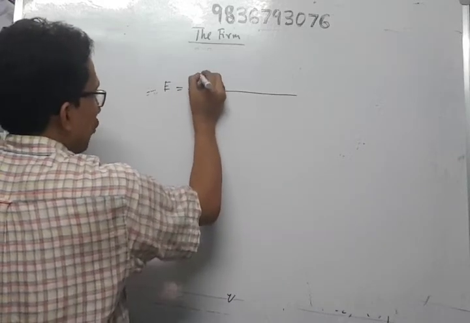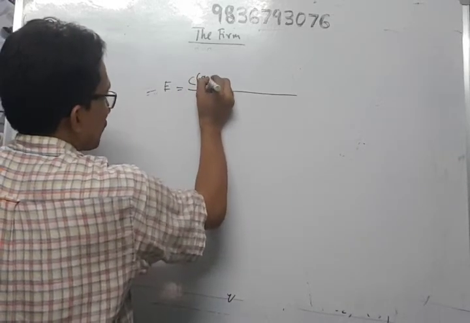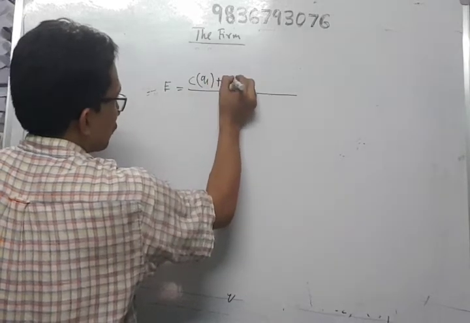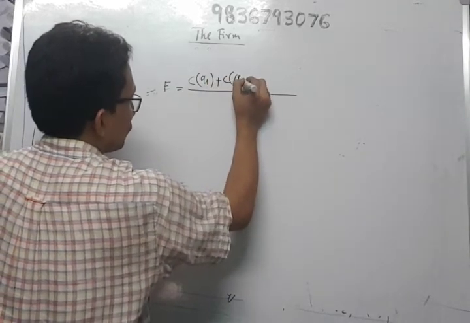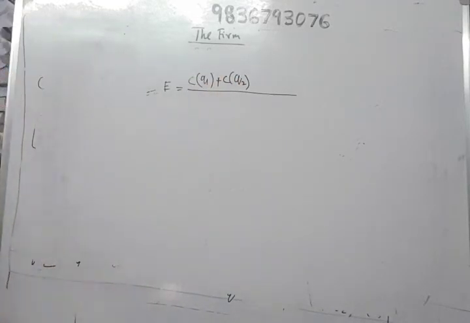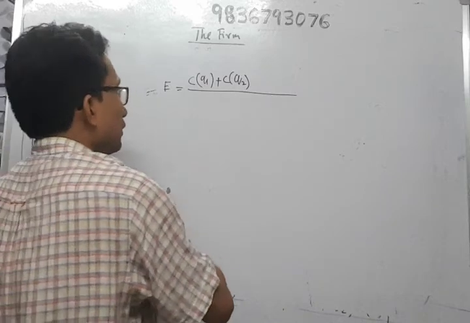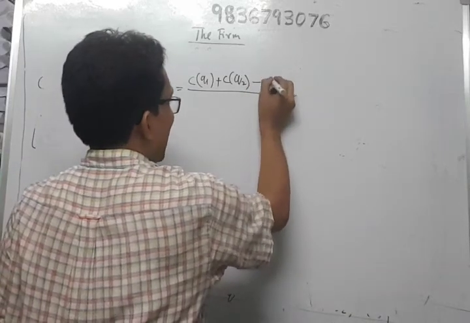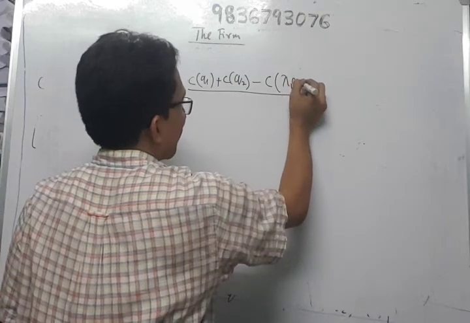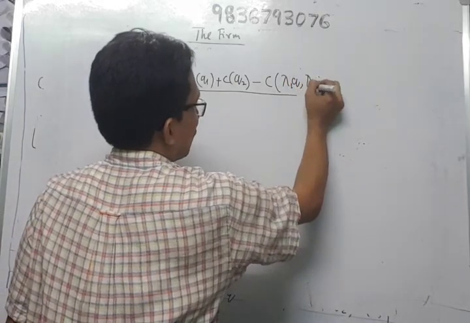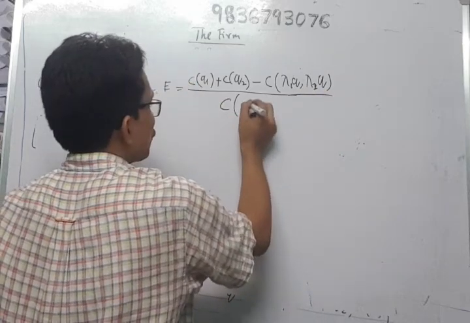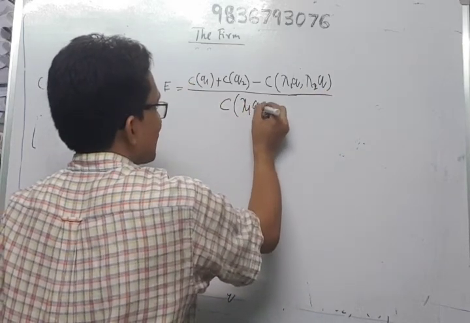That means what is the difference between the total cost of producing these two outputs, product 1 and product 2, in separate plants, C(Q1) plus C(Q2), and the cost of producing these two outputs together in the same plant, C(Q1, Q2), divided by the cost of producing these two outputs together in the same plant.